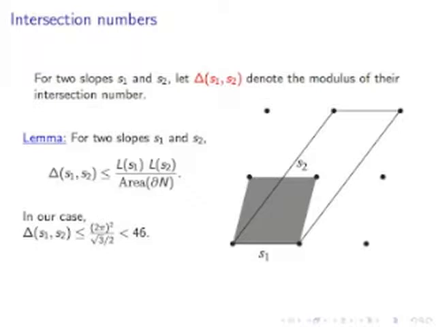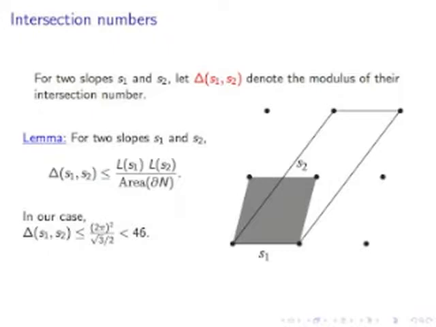Using intersection numbers. Let delta of S1 and S2 be the modulus of the intersection number between two slopes. There's a little lemma that says that this intersection number is at most the length of slope S1 times the length of slope S2 divided by the area of the torus.